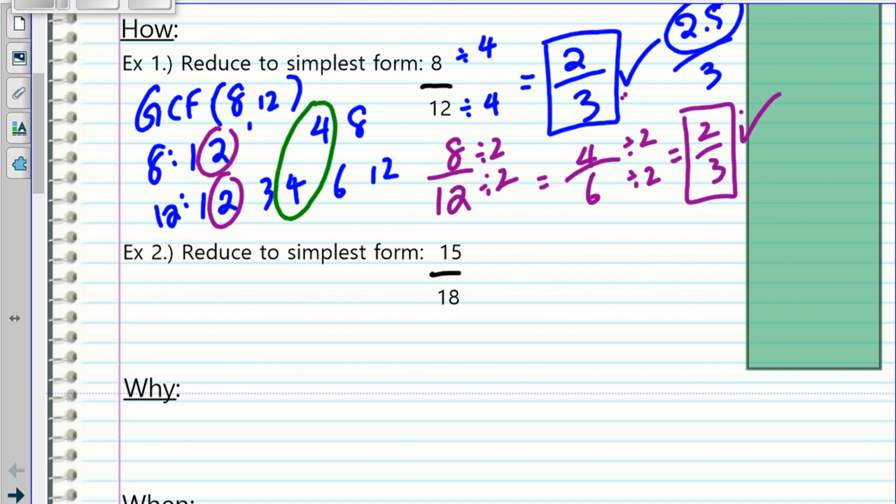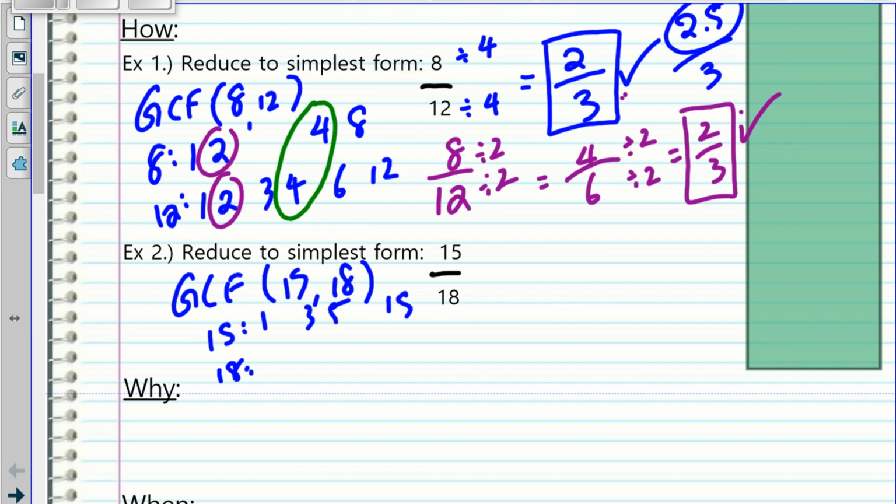So if you want to, you can set it up in this manner, and once you've done so, 1 times 15, 3 times 5, 1 times 18, 2 times 9, 3 times 6. You're going to realize that the greatest common factor is 3, as I said earlier.